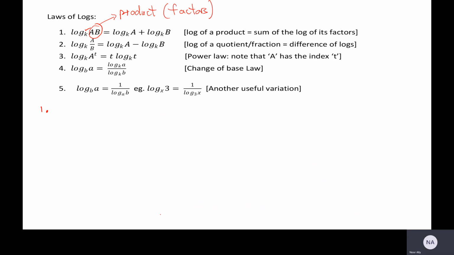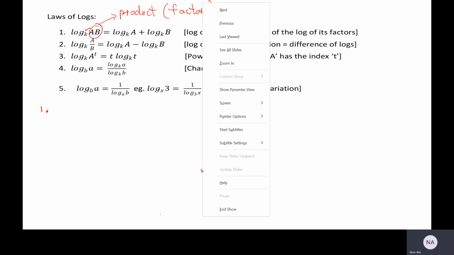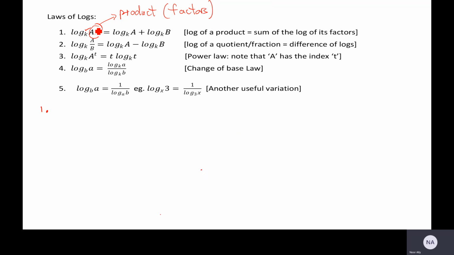Now, I'm going to emphasize this because these laws of logarithms are extremely important. I'm going to take some time to ensure that you don't make the fundamental errors that many students make when they first come across logarithms. So that must be a product and composed of factors. Now, in this case, there's 2 factors, A and B.